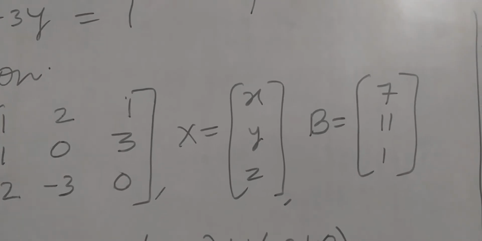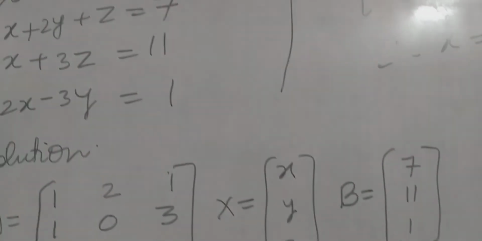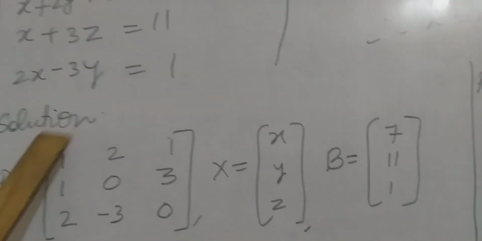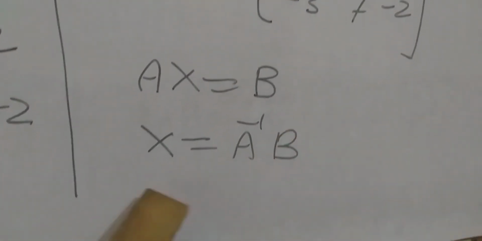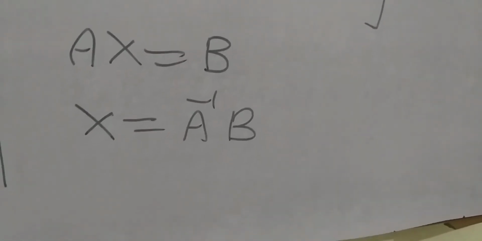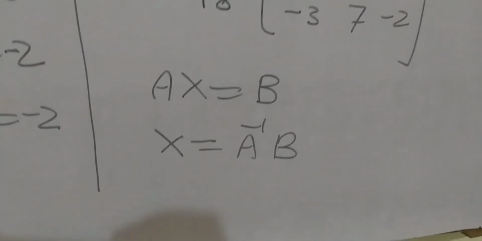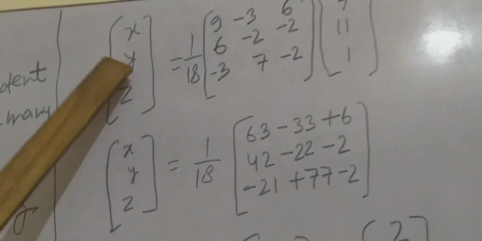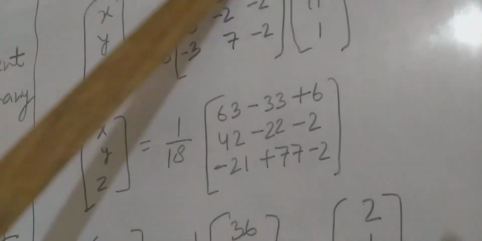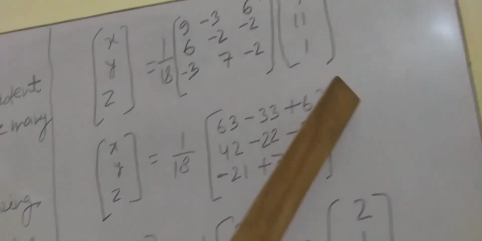Yesterday I told you that when A is multiplied by X, we get these equations. So AX equals B, we put it here. X equals A inverse B. So we have to put A inverse and the B values 7, 11, 1.